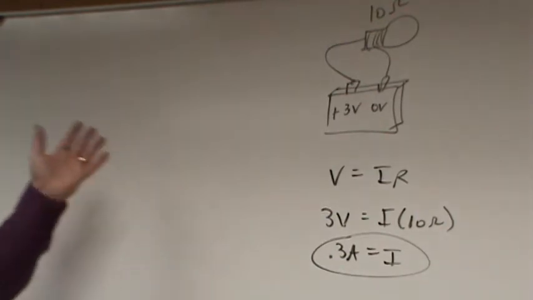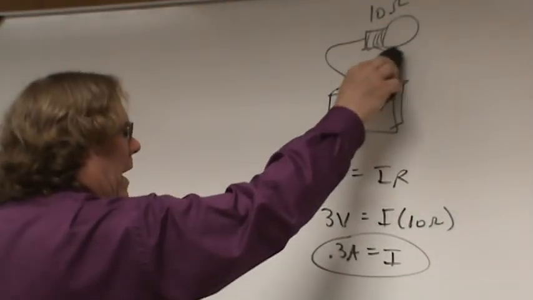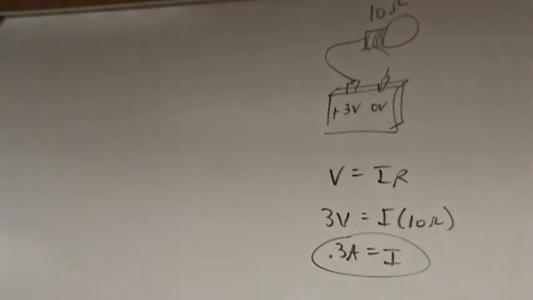How many people got 0.3 amps? Yeah, that's it. Let me ask you 2 more questions about this scenario. Here's the first question. What if I cut the wire right there? Would that light bulb still be getting 0.3 amps of current?